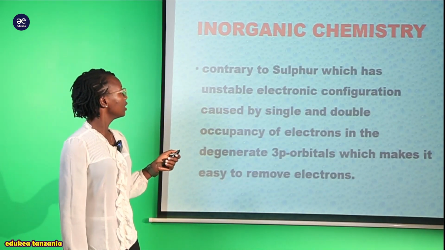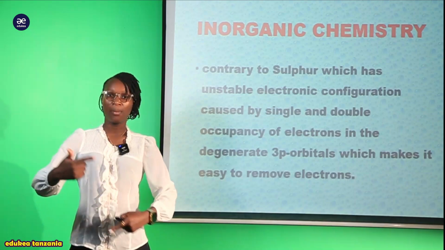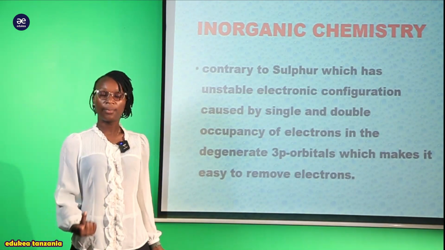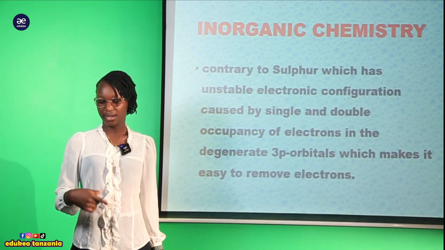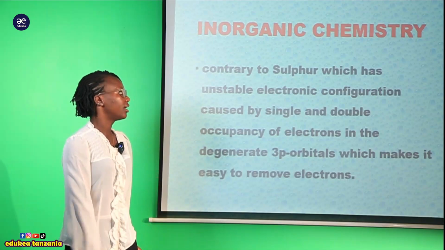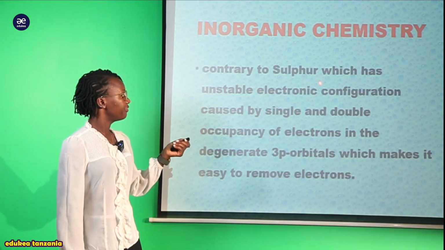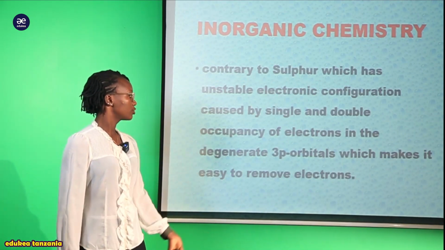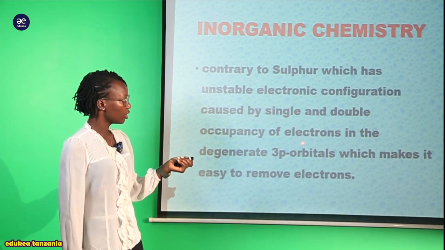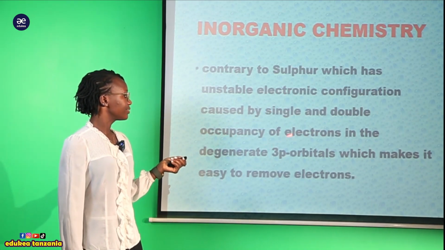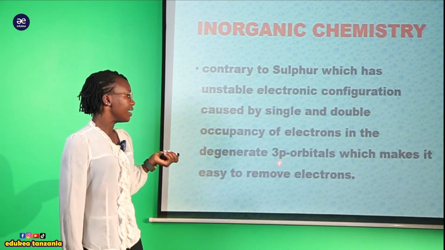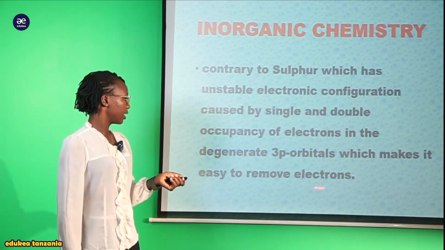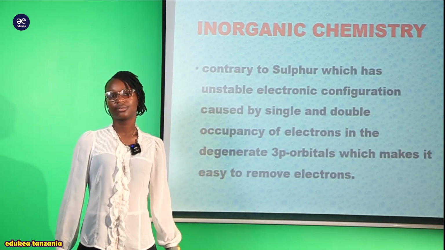So now let us see in contrary to sulfur. Ina maana kinyume cha sulfur. Kwamba tunapomwangalia phosphorus tunasema ana higher ionization energy. How about now sulfur? So contrary to phosphorus, sulfur has an unstable electronic configuration caused by single and double occupancy of electrons in the degenerate 3p orbitals, which makes it easy to remove an electron.